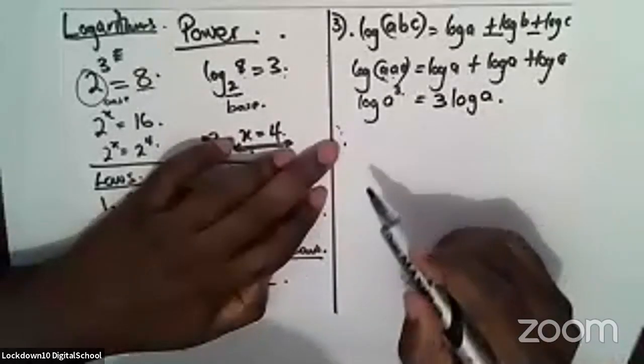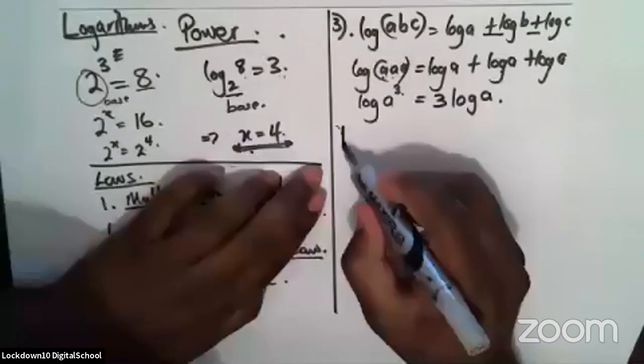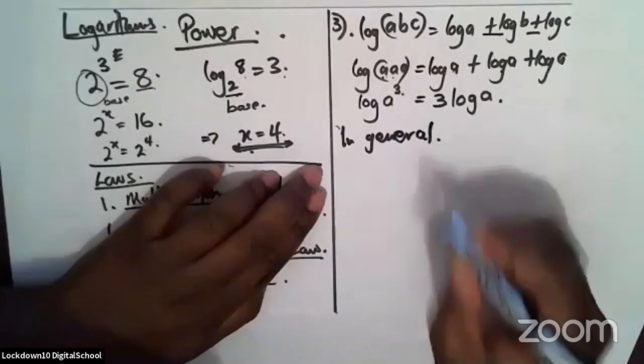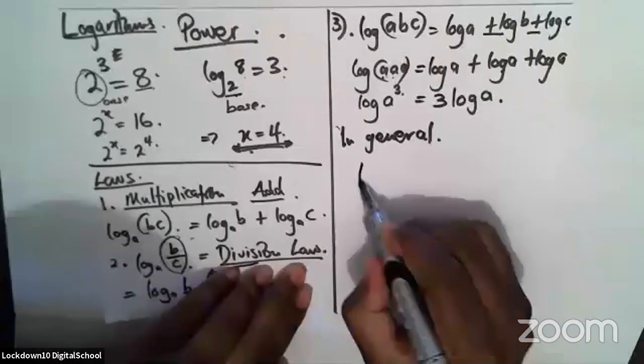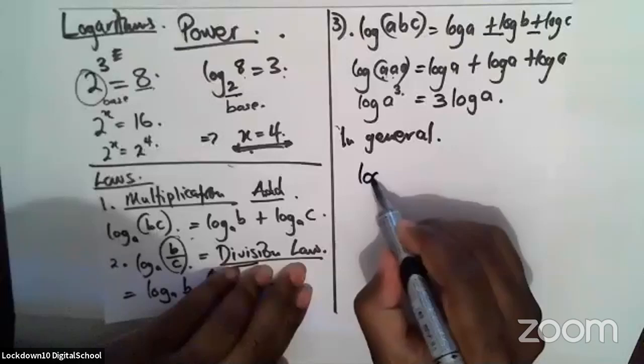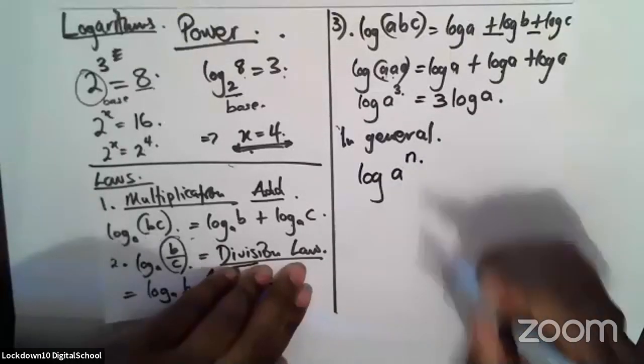So what should I do? I can now quickly interpret. In general, if I have log A to the power n, n being a number that represents, here I have 3.